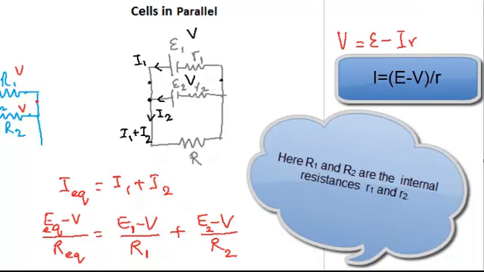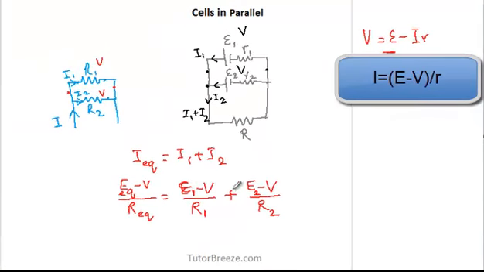So you can see from this equation that we can write I as E minus V over R. E is the EMF. I'll just use this symbol for the EMF since I've used this over here for the cells. So you have E1 minus V over R1 and E2 minus V over R2. If you just noticed, we've kept V the same in this equation because the voltage across each cell is the same. So the equivalent voltage is also going to be the same.